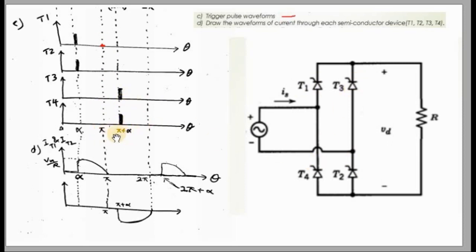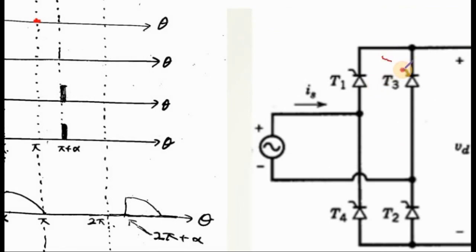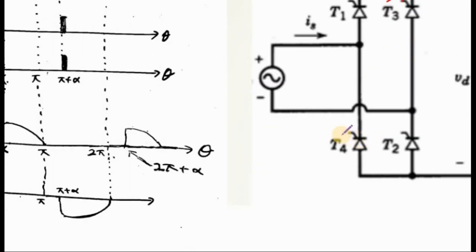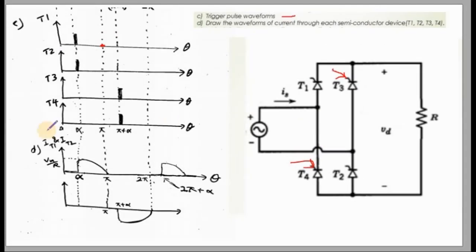At phi plus alpha, you again give another pulse to T3 and another pulse to T4 simultaneously. So you turn on T3 and T4, then like this, the circuit will work.